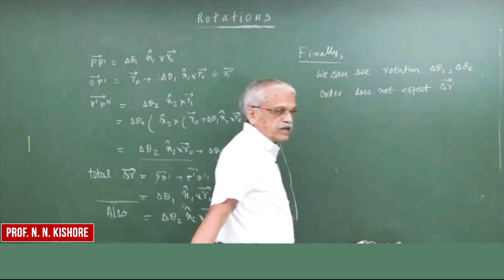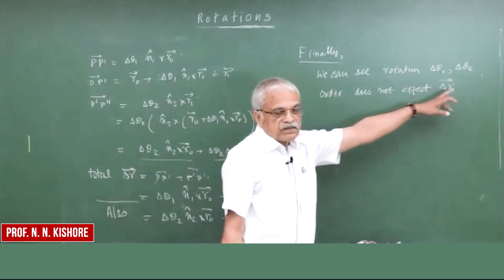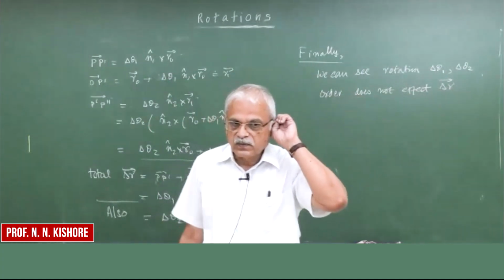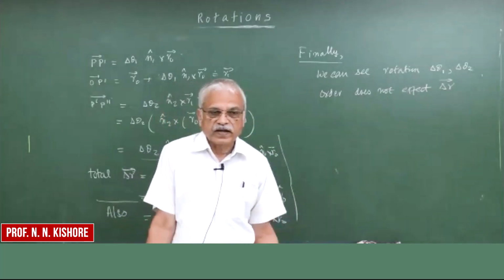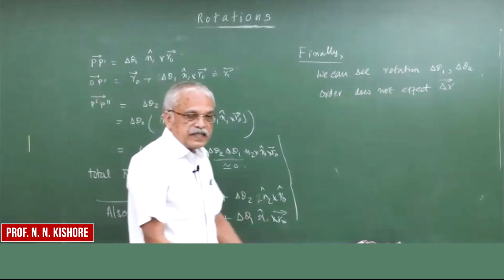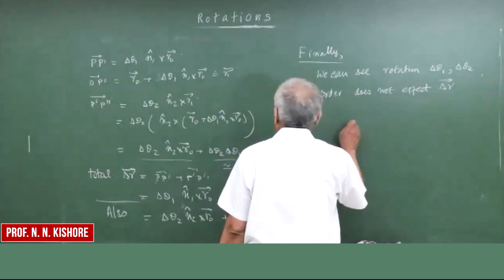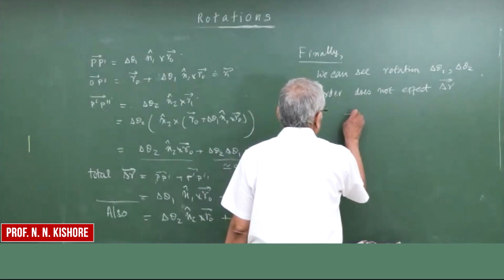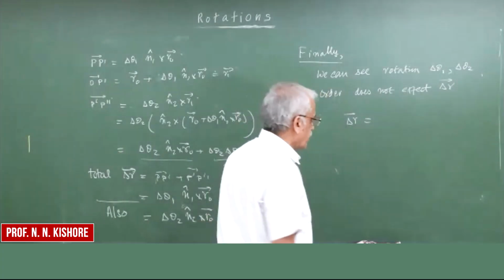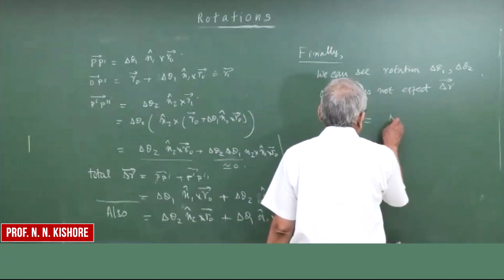Okay, so this is a very important conclusion. Whether you do Δθ1 then Δθ2 or the reverse, the final result is the same, either this or this. You can see they are identically the same. Therefore we can finally say, this is also important for us, ΔR is Δθ n cross R0.